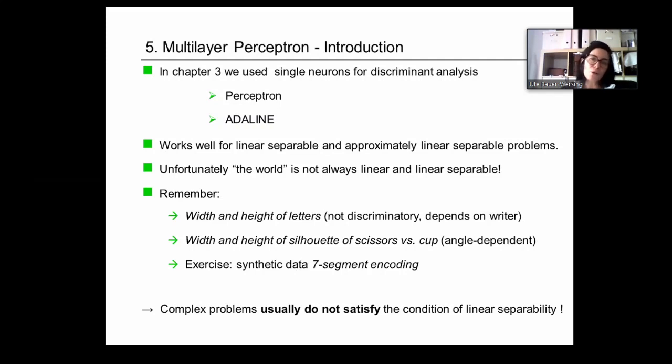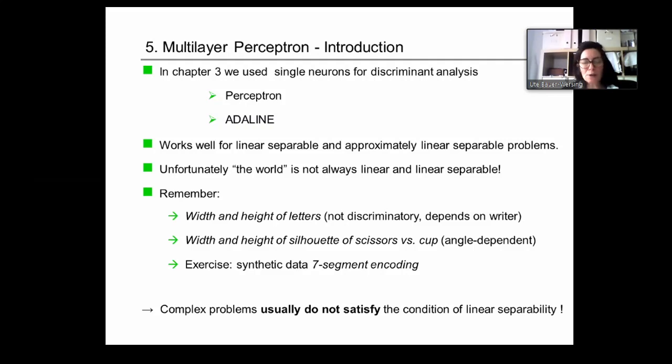We've seen a lot of examples already. So we had the example where we were discriminating letters A and B by width and height of the bounding box. And when we looked at this Bayesian modeling where we said, well, there's a distribution of widths and heights for A's and for B's, we saw that there is an overlap between these classes, right? And it depends on the writer how good the classification will be.